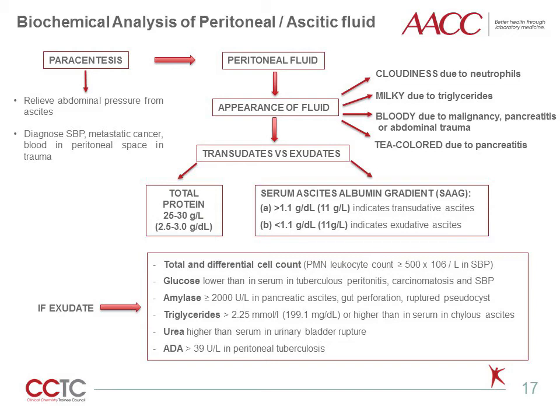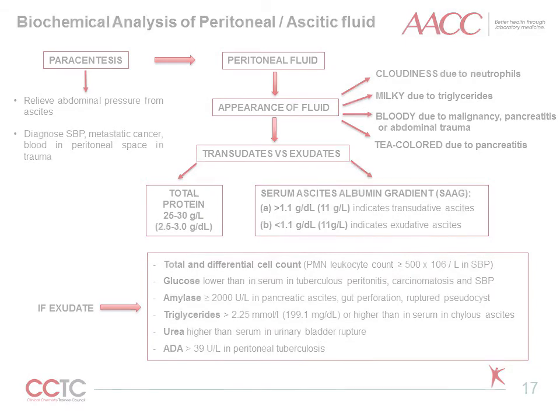Urea or creatinine concentrations higher than serum indicate urinary bladder rupture. Determination of adenosine deaminase has proven to be a rapid diagnostic tool in peritoneal tuberculosis with a sensitivity of 100% and a specificity of 97% at a cutoff value of 39 units per liter.